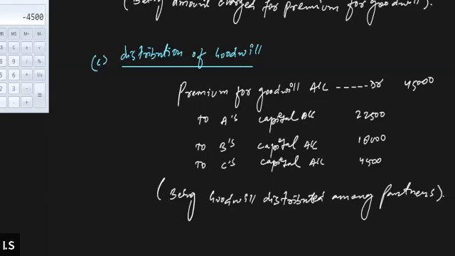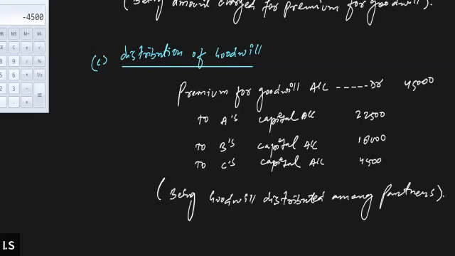Done, sir. Okay. All right, everyone. So this was all about question number 110. That was based on goodwill in a situation when premium for goodwill is not brought in by the partner. Anyway, so now let's move to question number 113.